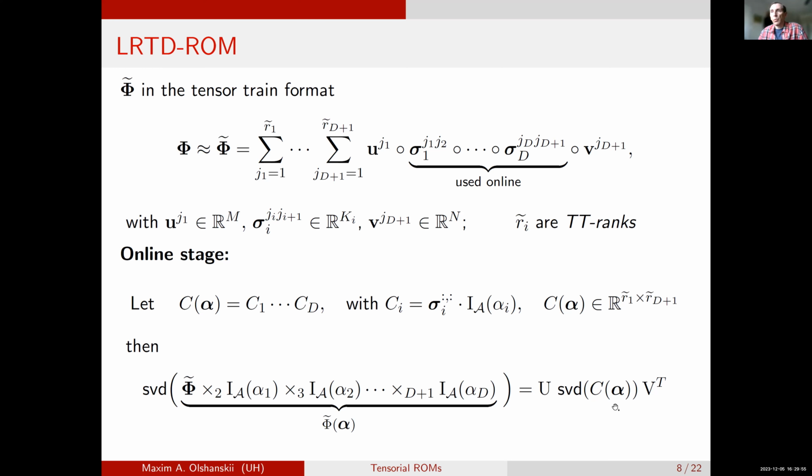Which means if we find singular vectors of C, we also know singular vectors of these matrices.